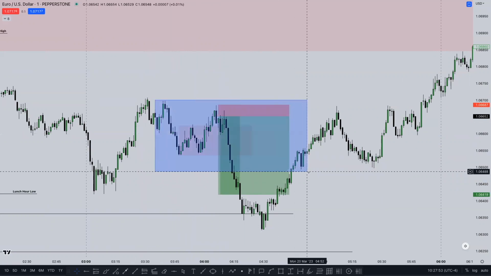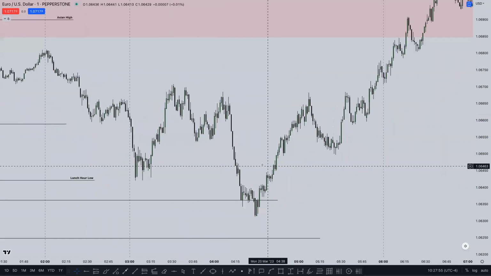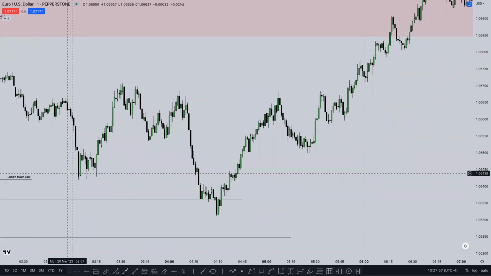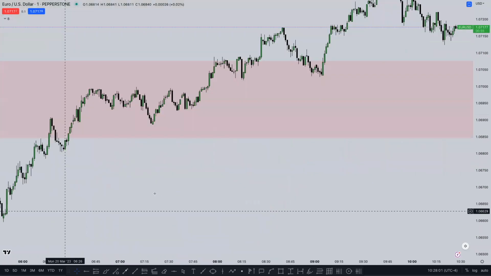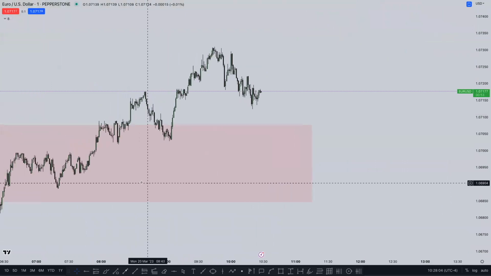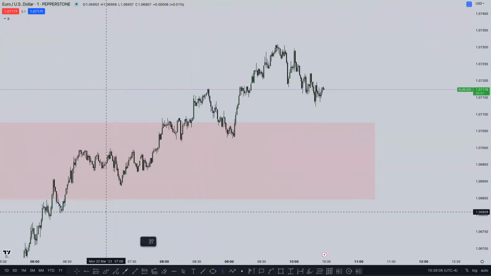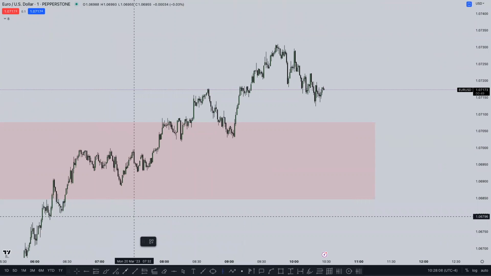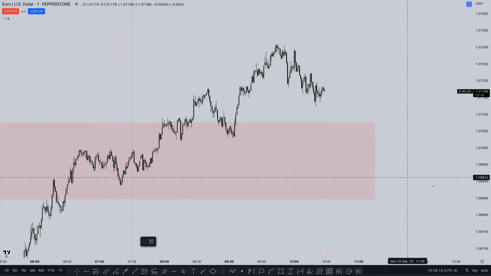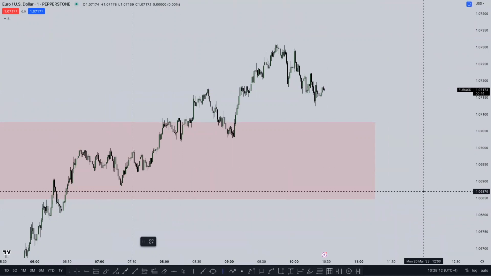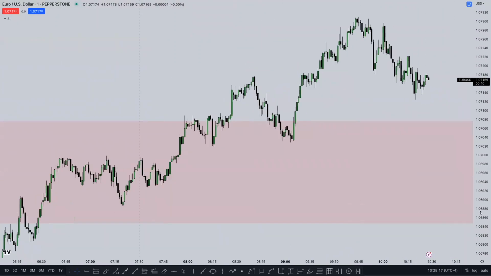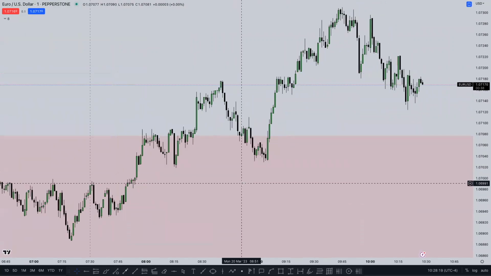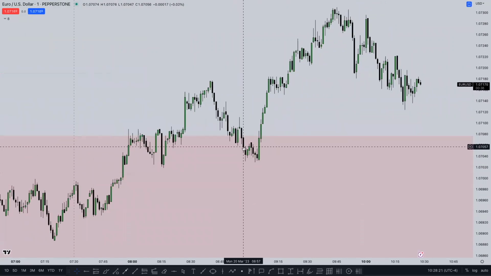All right. Okay. Let's look at the NY session, which is right now. So if you are looking at the New York session, you look at it from 7:30 all the way until 12. So right here, if I'm observing price, what can I see?